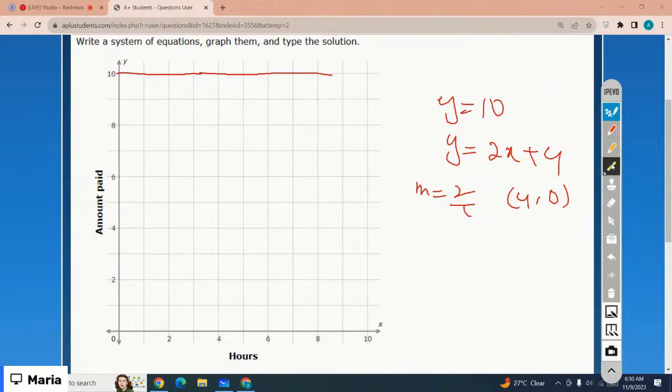Okay, let's make a line. Okay, the line is at 4, 0 and move up 2.